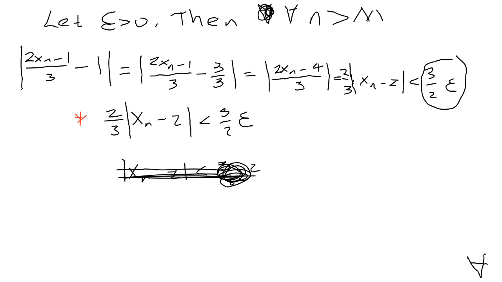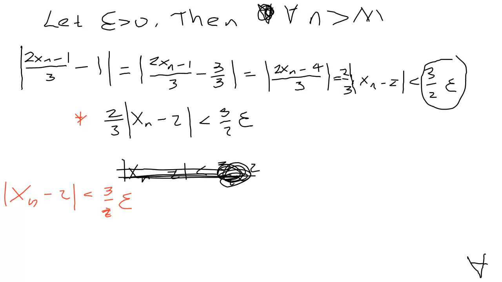So if x sub n minus 2 is less than epsilon, and we have used M, capital M, beg pardon, as 3/2 epsilon, then that's our M, you know. We are using that x sub n minus 2 is always going to be less than, we have used M as 3/2 epsilon right here.